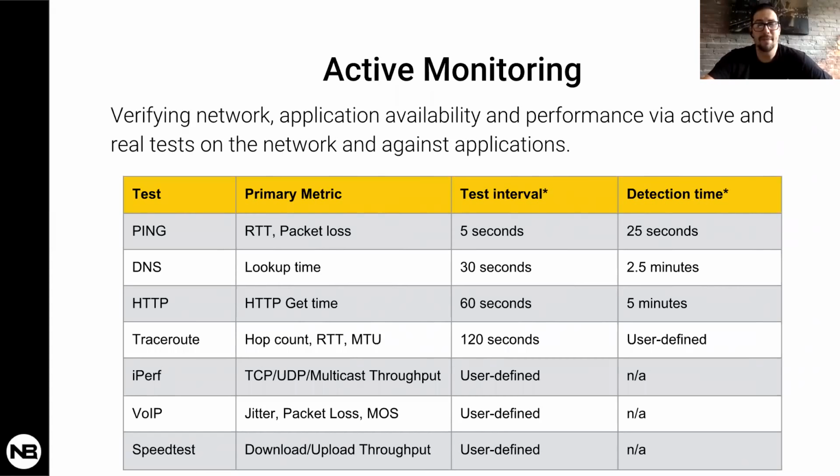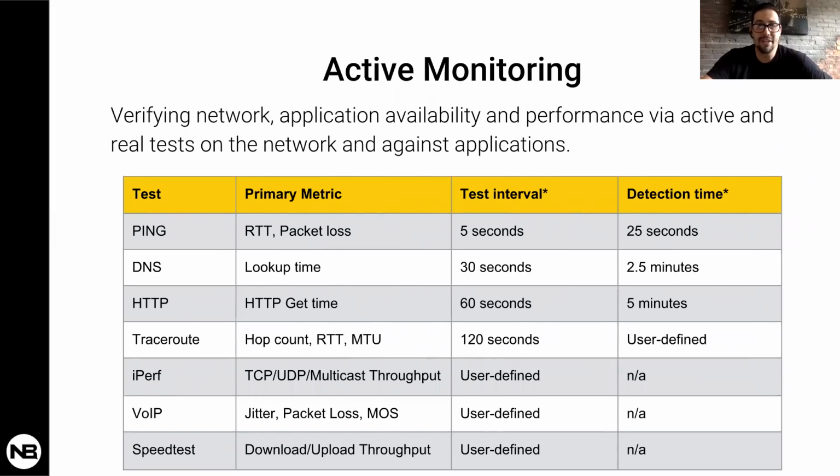This method is very effective to quickly detect network and application problems because it tests the actual network routes and applications with real traffic, instead of monitoring individual devices in a network or components of an application to infer network and application availability and performance for the end users based on the overall status.